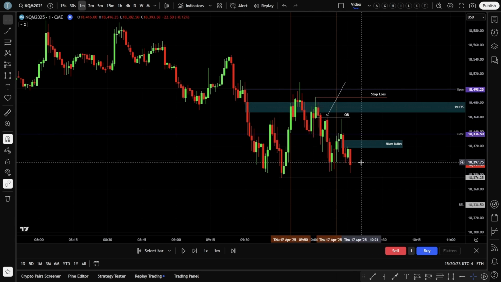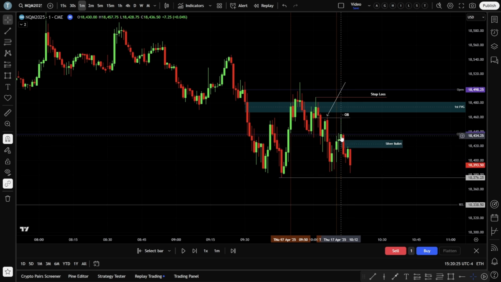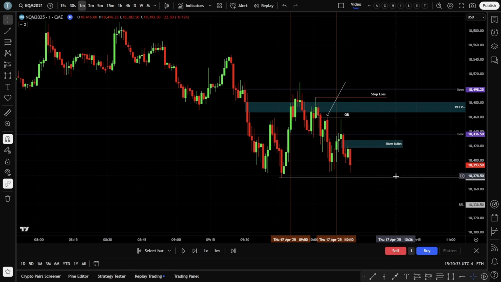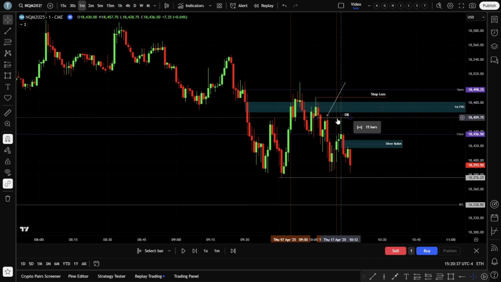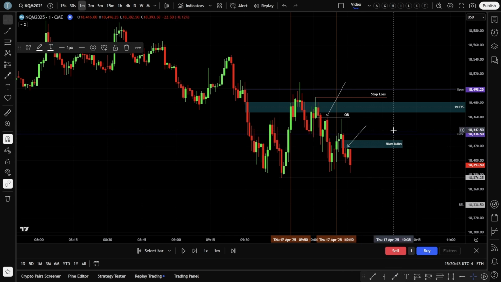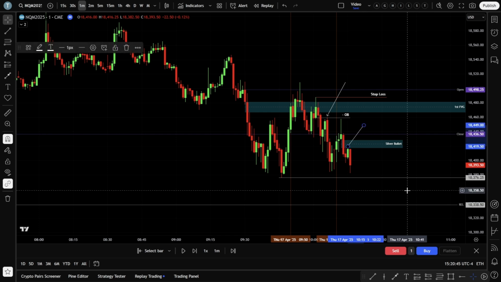Price is bearish. We create a fair value gap here. Price comes right back up into it. So right here, if you missed this trade up here, if you didn't see this, here would be another great opportunity to get in short.